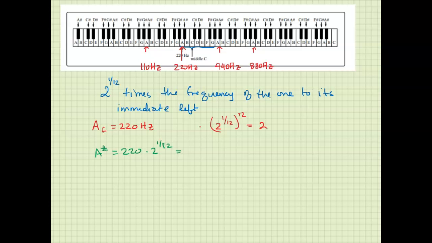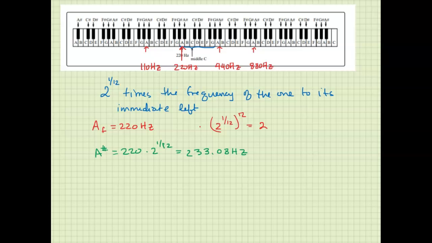Let me do that calculation. So that's 233.08 hertz.